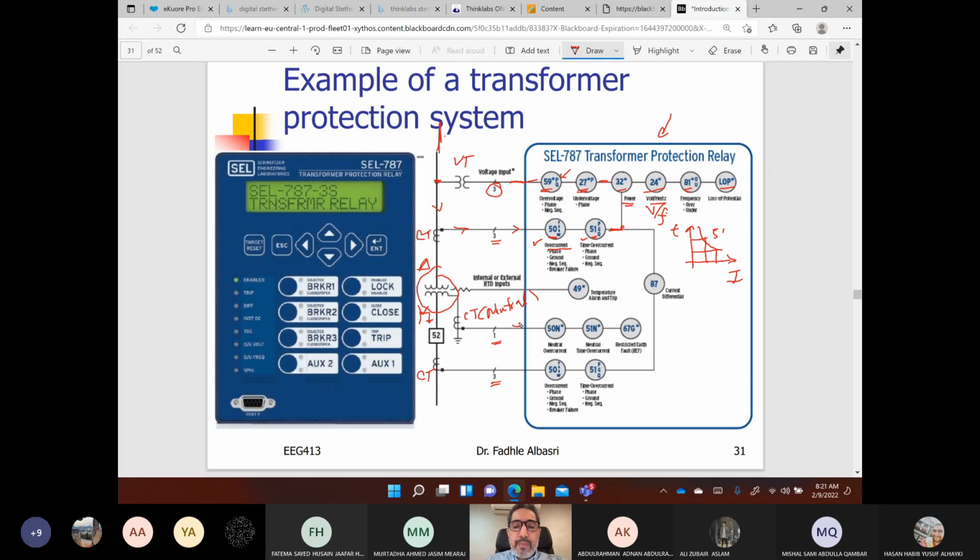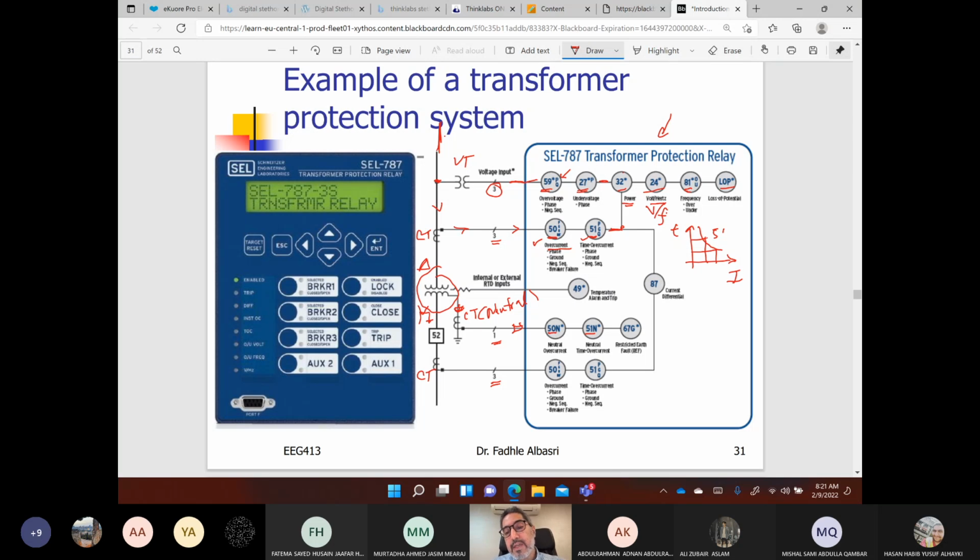This one also requires the current in the neutral. It is the same function as 50 and 51, still instantaneous, but based on the neutral current. Now, this normally provides protection against earth faults, ground faults. So when you have ground faults, you will have a current in the neutral conductor, in the ground conductor.